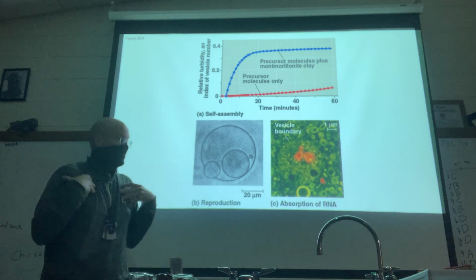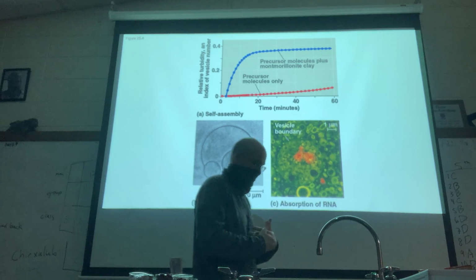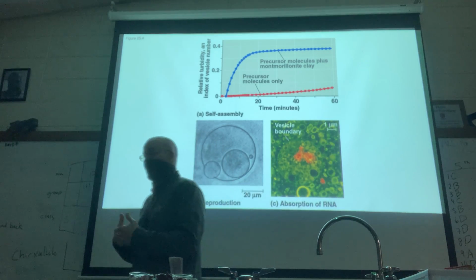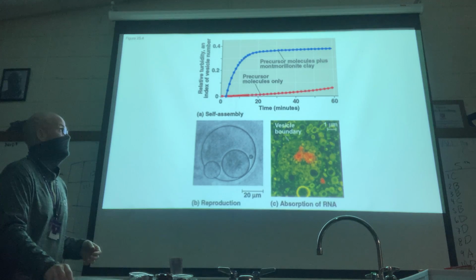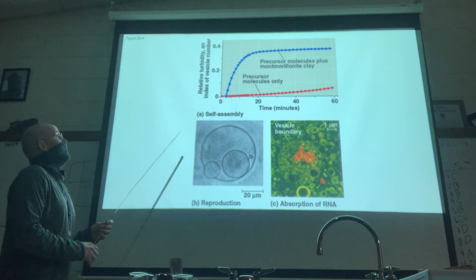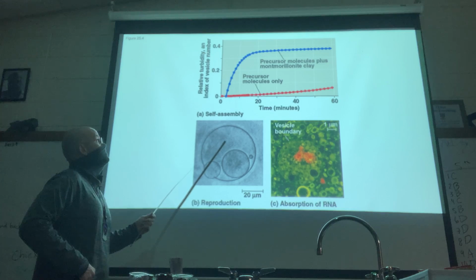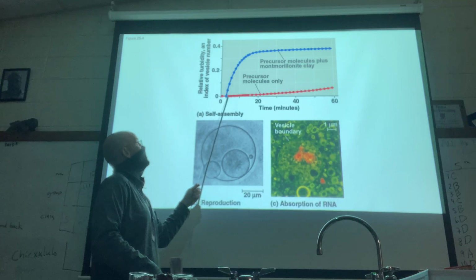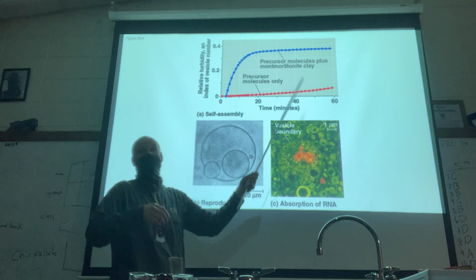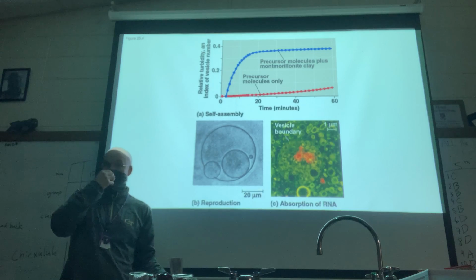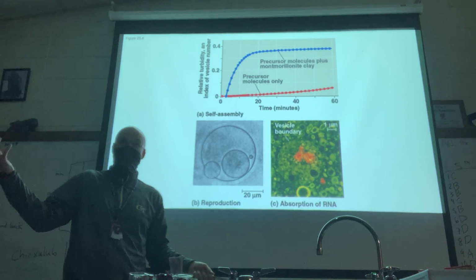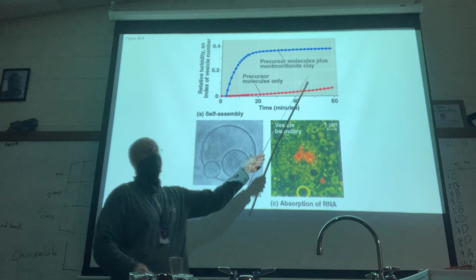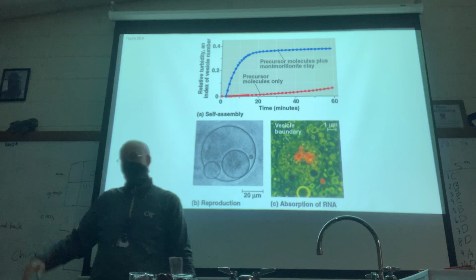That's why we talk about cell membranes a lot, because they are able to select what comes in and out and give a stable environment for your cells to function in. Again, they've tried to do this, and what they have found is with clay present, you get a much better rate of production of these vesicles and of macromolecules in general than if you do not have clay or some kind of surface.